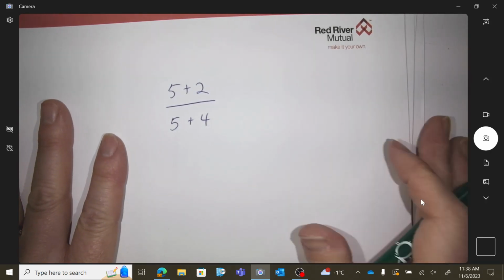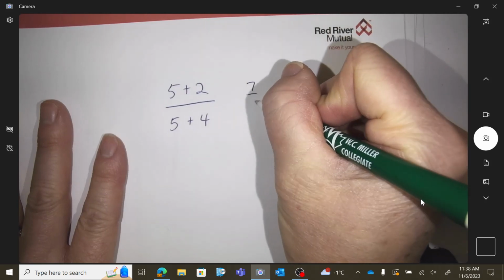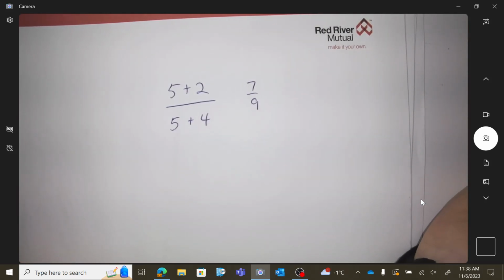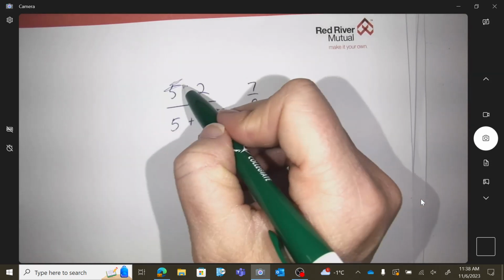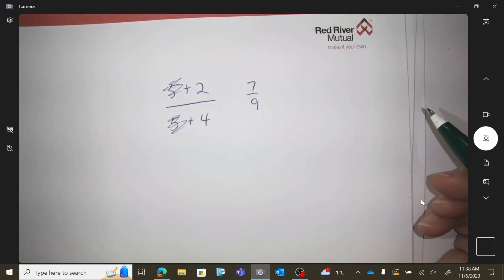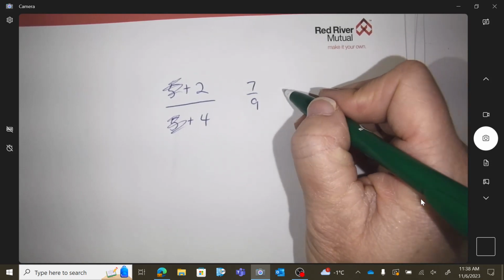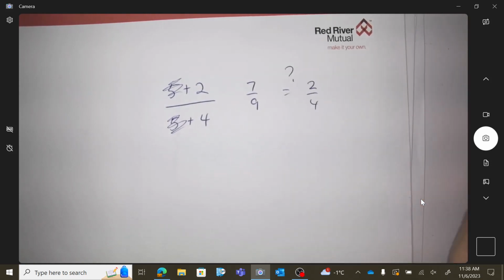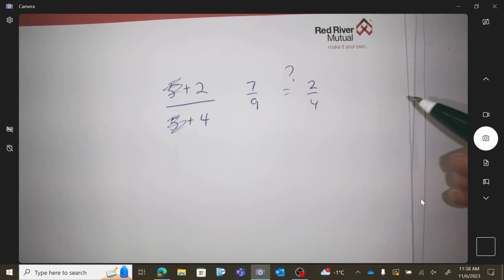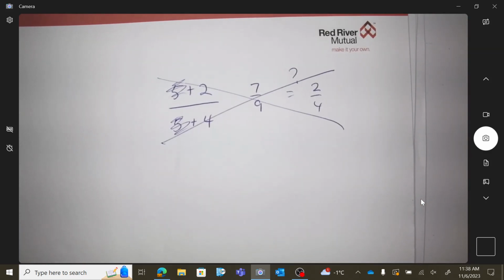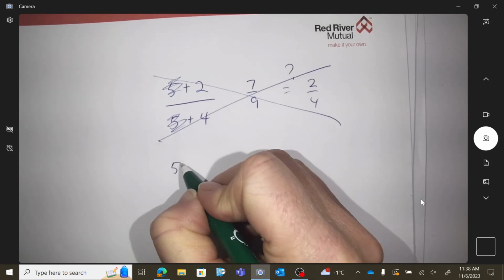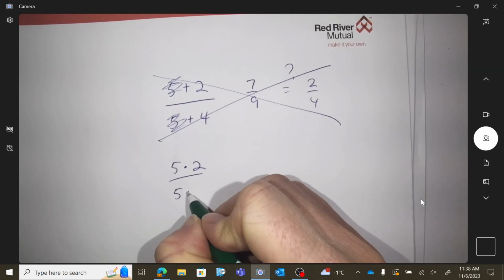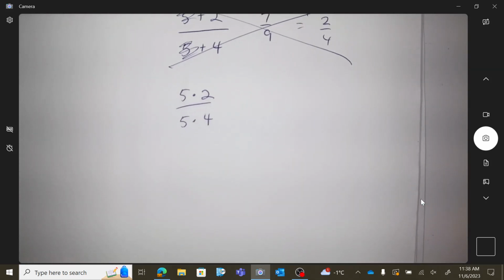Okay, would we agree that this makes 7 over 9? Good? If you tried to cancel an adder, I get 2/4. Is that the same thing? Would that be the same thing? No. Don't cancel adders. Okay?